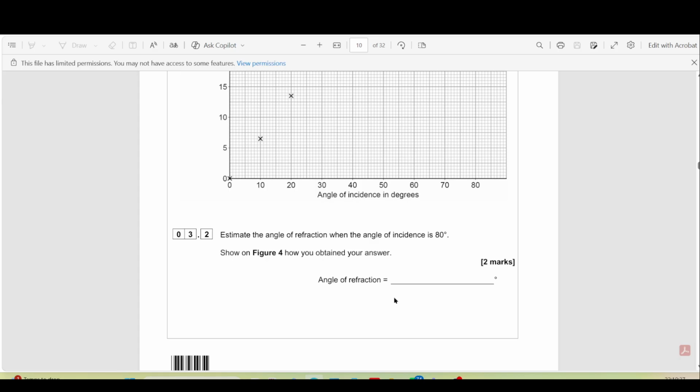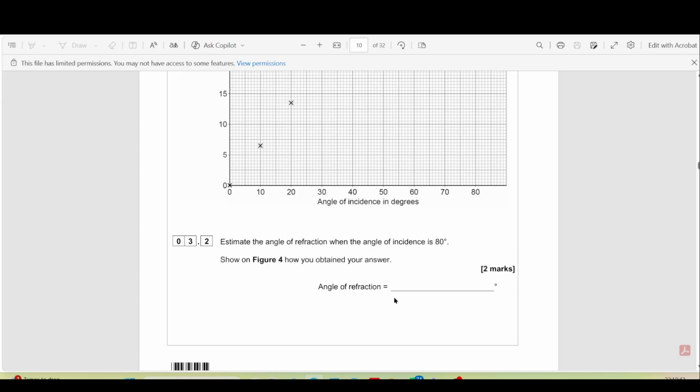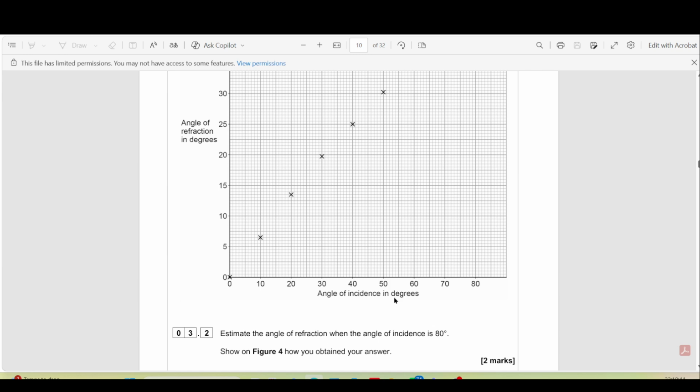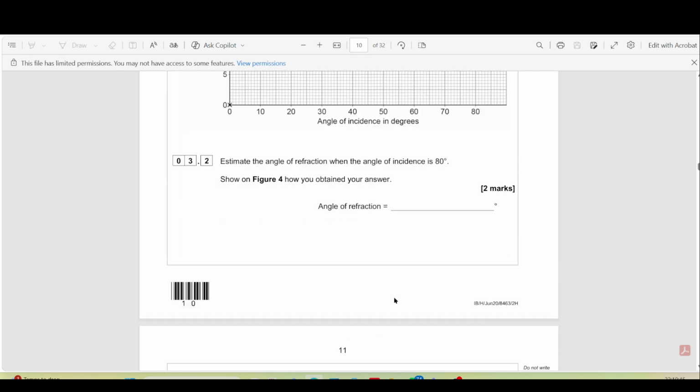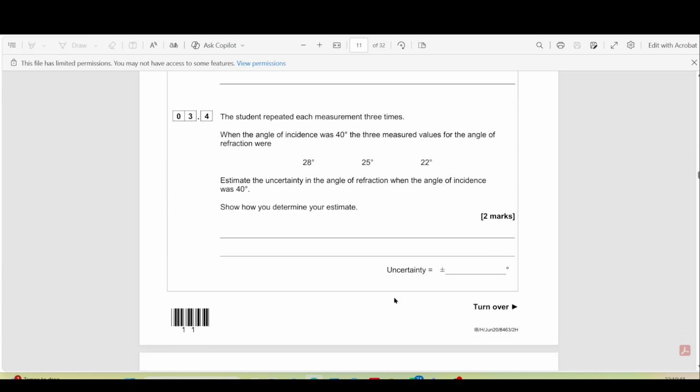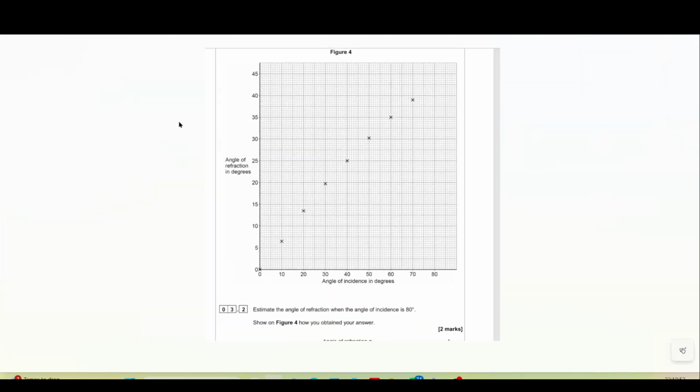The student repeated each measurement 3 times. The angle of incidence was 40 degrees. The three measured values for the angle of refraction were 28, 25, and 22. Estimate the uncertainty in the angle of refraction when the angle of incidence was 40.